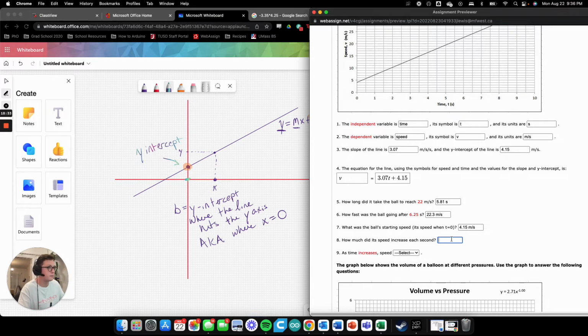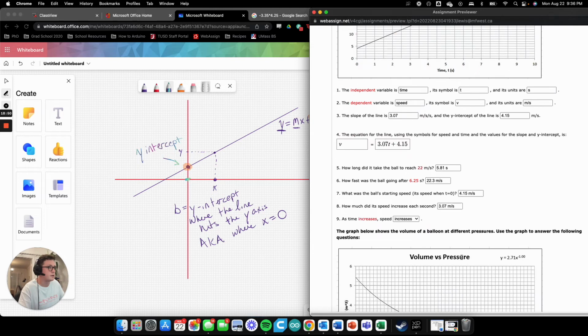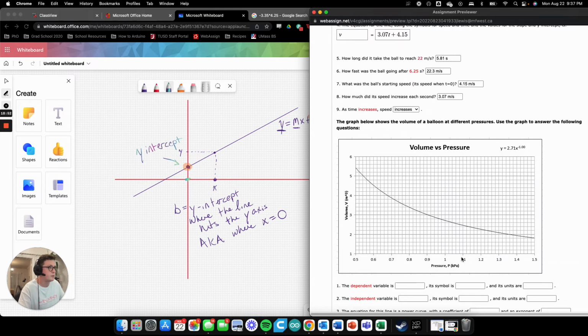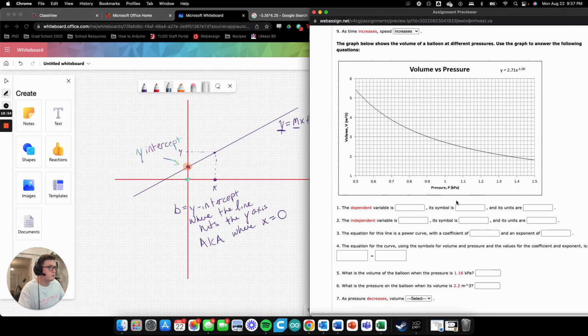So 3.07 meters per second. As time increases, speed increases. Okay, all right, we got another one here.